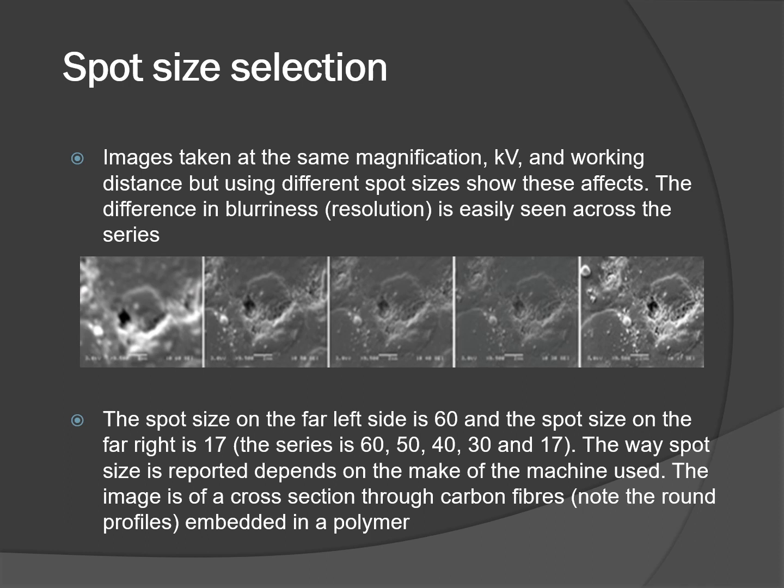The difference in blurriness and resolution is easily seen across the series. The spot size on the far left side is 60 and the spot size on the far right is 17. The way spot size is reported depends on the make of the machine used. The image is of a cross-section through a carbon fiber. Note the round profiles embedded in the polymer.